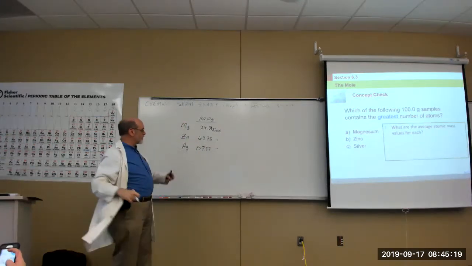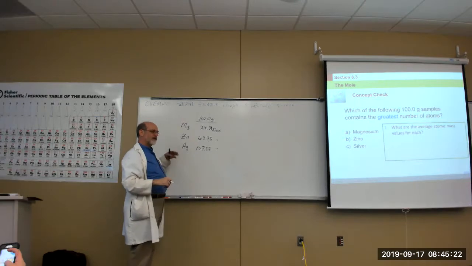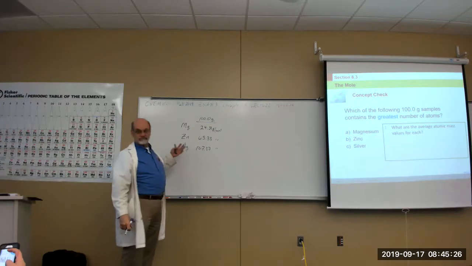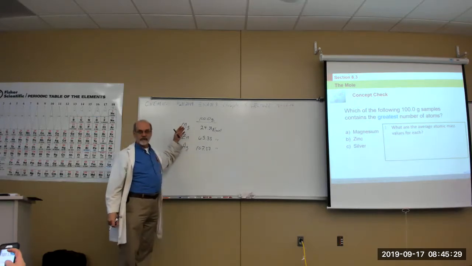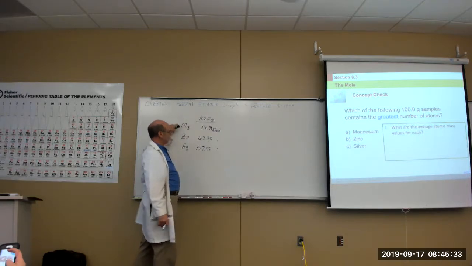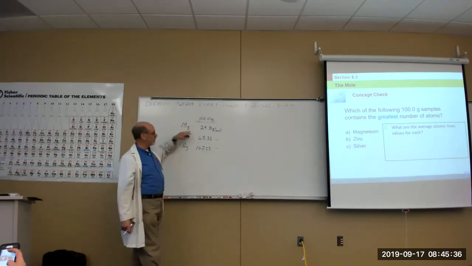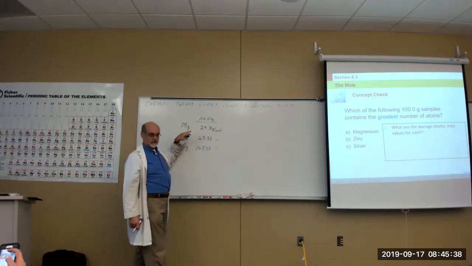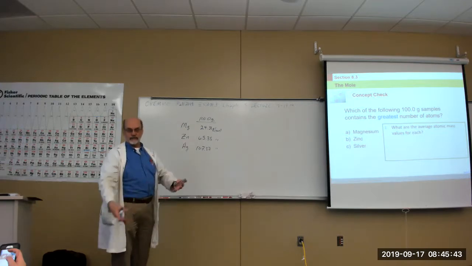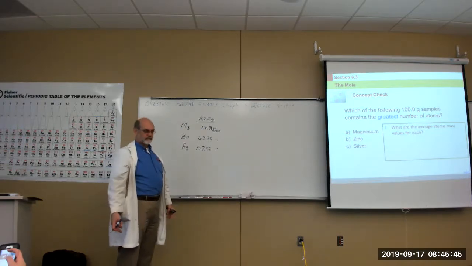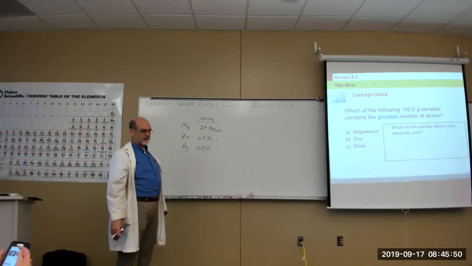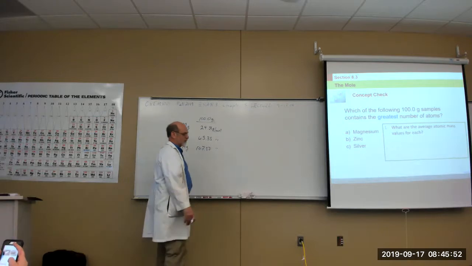Okay, so if you have the same mass of each one, which one has the most atoms? The lightest one. Why? Because in order to make that much mass out of this atom, you need more of them, because each one only weighs that much. Right? So the lightest one is the one that's going to have more atoms. If they're all equivalent masses, you have to have more of each one. Now you can do it with dimensional analysis.